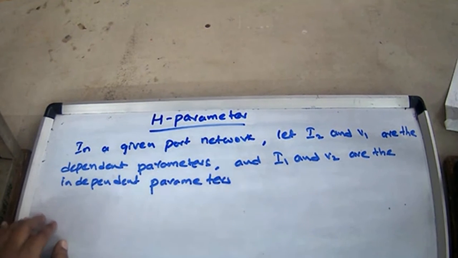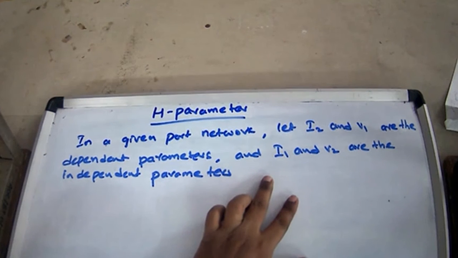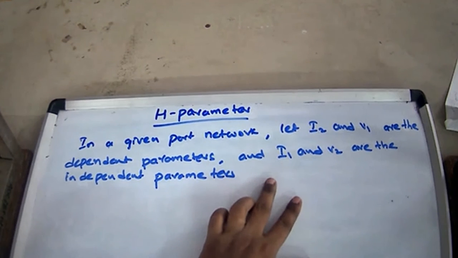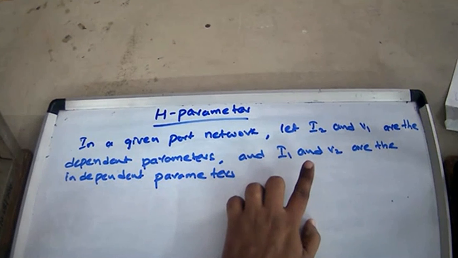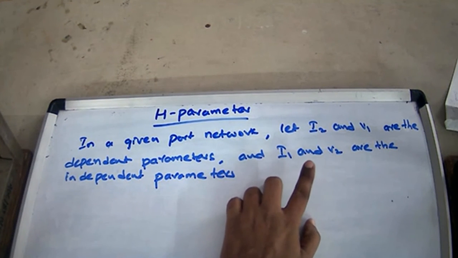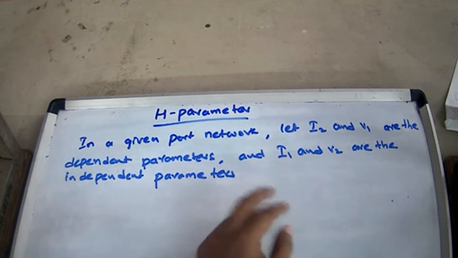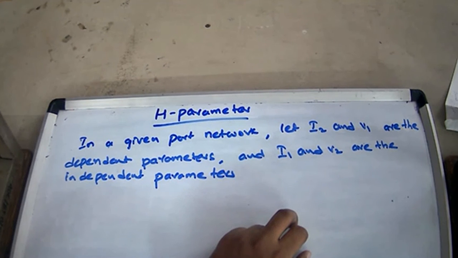So if you just recollect what we have discussed in the previous classes, when we were talking about Z parameter and Y parameter, we have taken in the one case I1, I2 is dependent and V1, V2 is independent. In the next parameter we have taken V1, V2 is dependent, I1, I2 is independent variables.